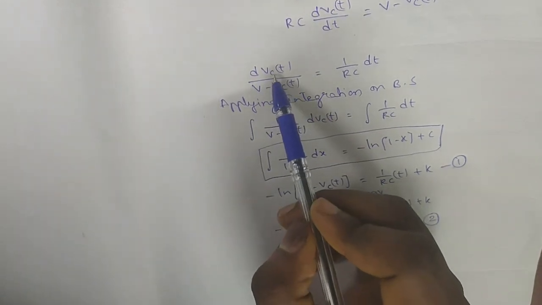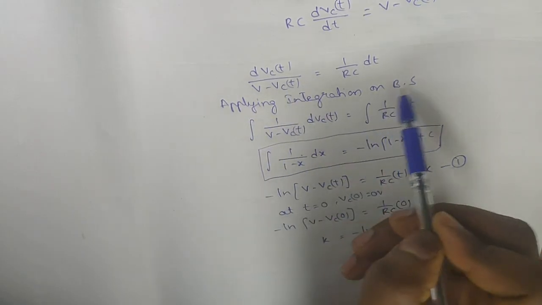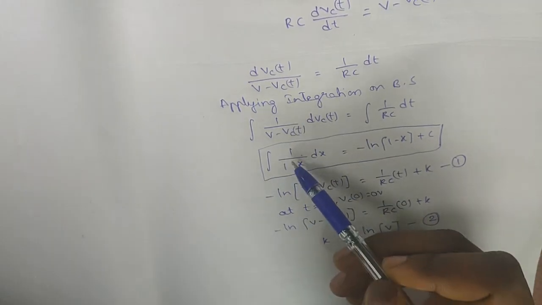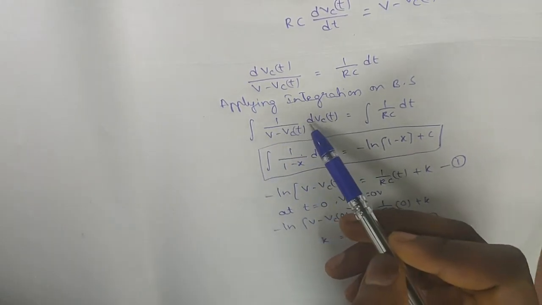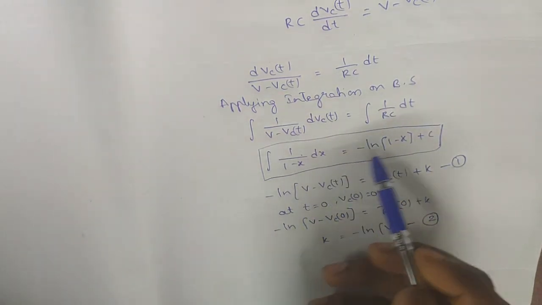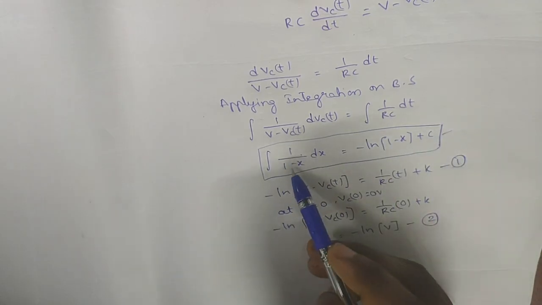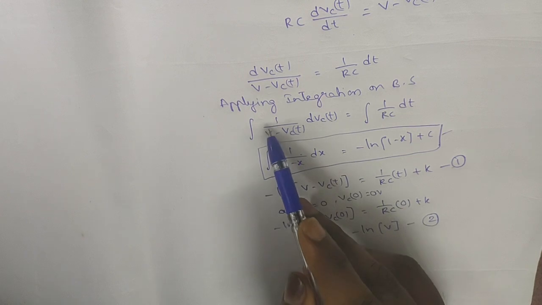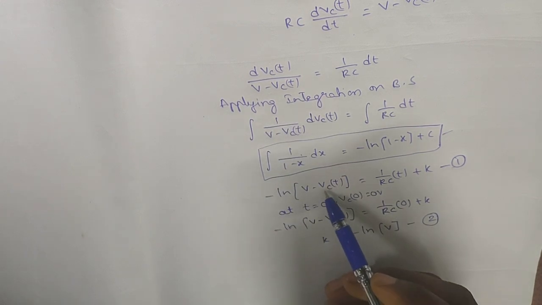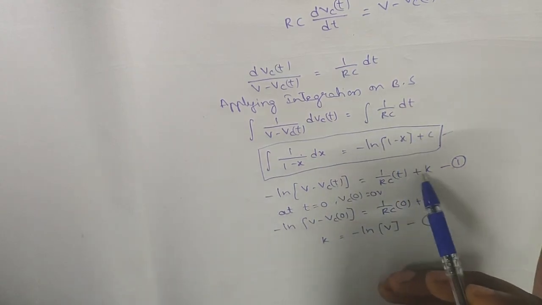Here, interchanging Vc of t and dt and applying integration on both sides, we got 1 by (V minus Vc) into dVc is equal to integration of 1 by RC dt. This is the basic formula for the integration of 1 by (1 minus x). For this, it is similar, so the value is minus ln of (V minus Vc of t), and after integrating the constant, t is multiplied, plus k.